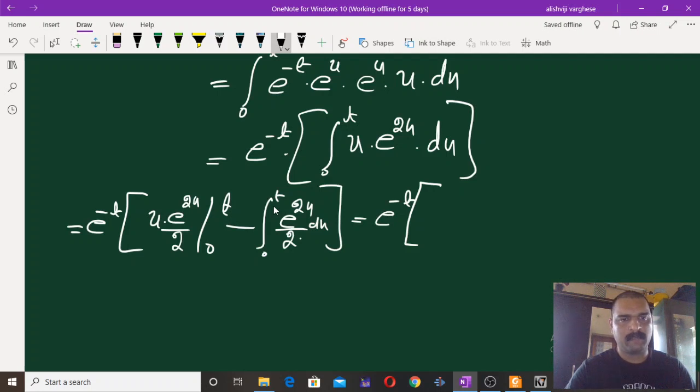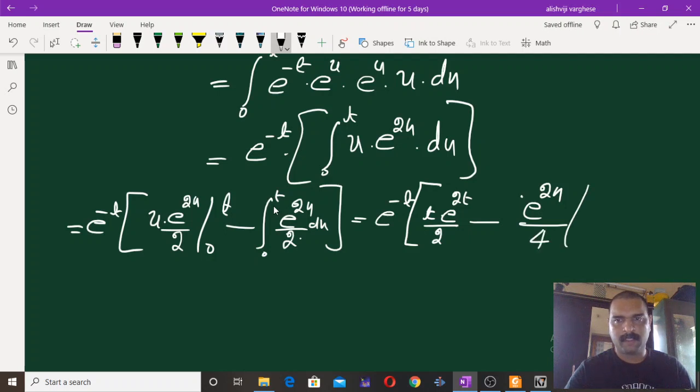Lower limit when u is equal to 0, this term will vanish, and the upper limit we have t e raised to 2t divided by 2, minus here again we have to integrate one more time, so integral of e raised to 2u is e raised to 2u divided by 2, so 2 into 2 is 4, between 0 and t.